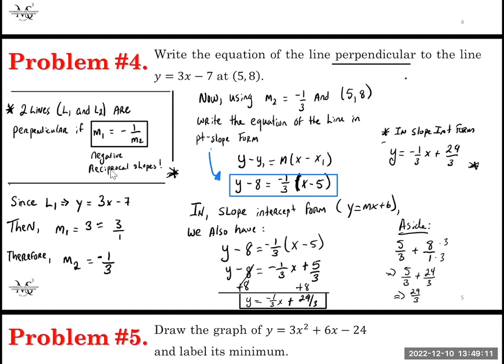No, you only use that for perpendicular. Two lines are perpendicular if m1 is equal to negative 1 over m2. If the two lines are parallel, then what does that mean about the slopes? They are equal. Yes, the two lines have identical slopes.